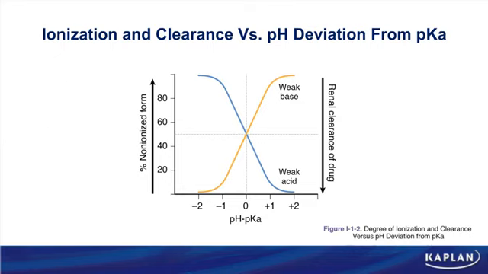Always look at what your axes are showing you. The x-axis here shows us pH minus pKa. Two terms that I think we have to know anyway. Two numbers that they're probably going to give you in a test question, but two numbers I'm sure that you can work with. For example, if I do a calculation of pH minus pKa and I get a negative number, what does that mean?